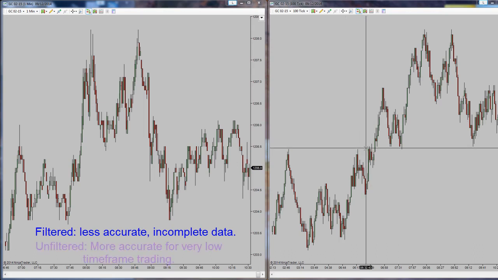If you're getting unfiltered data, so in my case I'm getting data via Kinetic on NinjaTrader, then you'll be getting every single tick, and that will be a more accurate representation of what's going on.